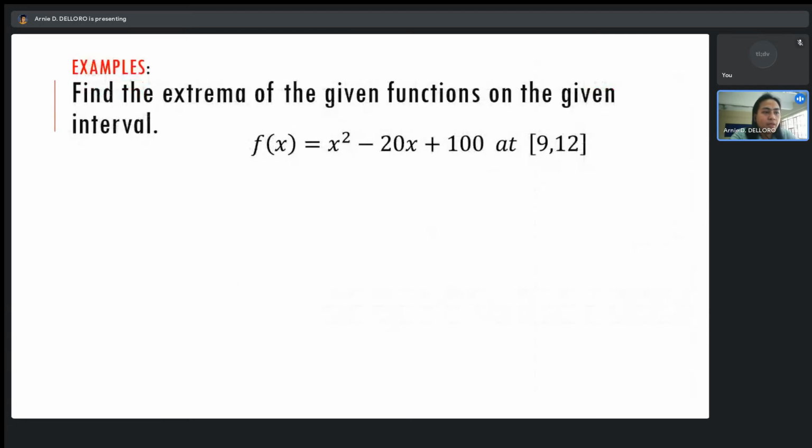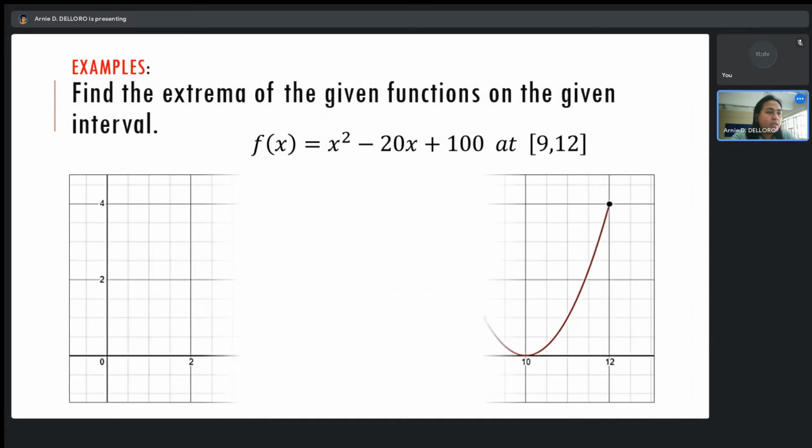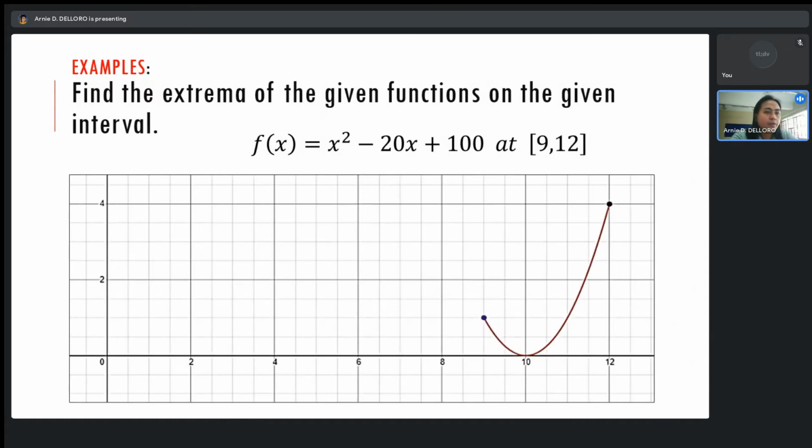So find the extrema of the given function on the given interval. So we have the given function x squared minus 20x plus 100 on the closed interval 9 to 12. Okay? So this is the graph of the function.